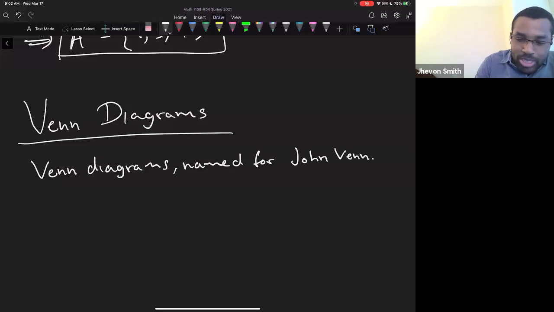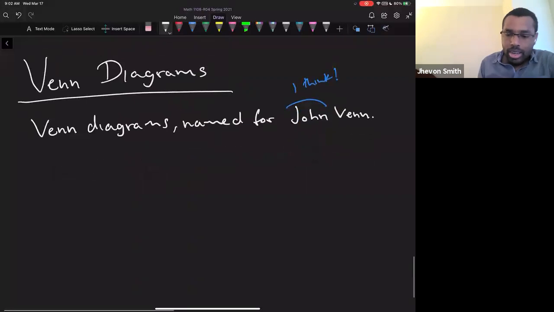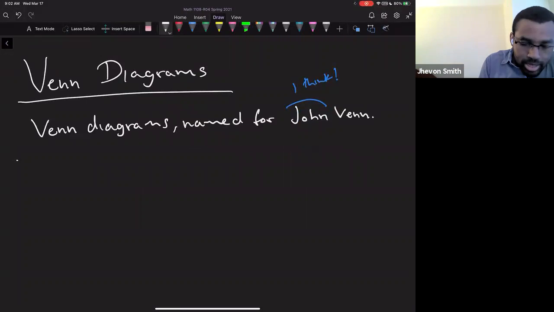Sometimes you use someone's last name so often you don't remember what their first name is. Named after John Venn. People normally leave this as an uppercase V whenever anyone writes down Venn diagram. There are things that are named after people that they use so commonly that they started just not capitalizing it. But with Venn diagrams, the word Venn is usually still capitalized. Named for John Venn. These are diagrams that allow us to visualize sets.